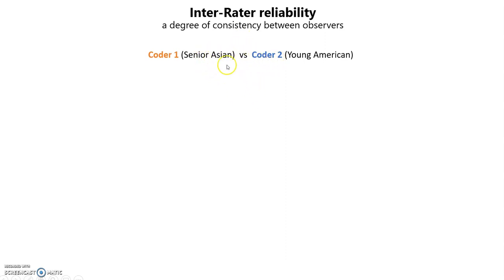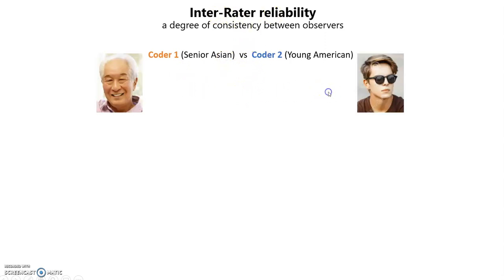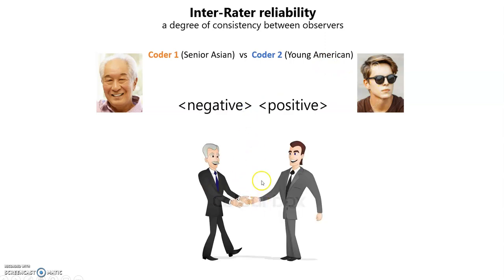There should be agreement between the two, and that will enhance the inter-rater reliability. So for instance, a senior Asian man and a young American man see this image, and they should say that it's negative and positive. If there is no clear definition about these categories, the Asian man probably will say that it's negative according to his education and cultural background, and the young American man will say positive.